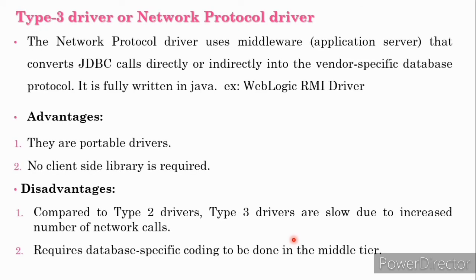Next is the type 3 driver or network protocol driver. This driver uses middleware, that is an application server that converts the JDBC calls directly or indirectly into vendor specific database protocols, and it is fully written in Java. Here all the database connectivity drivers are present in a single server, hence there is no need for individual client side installation.